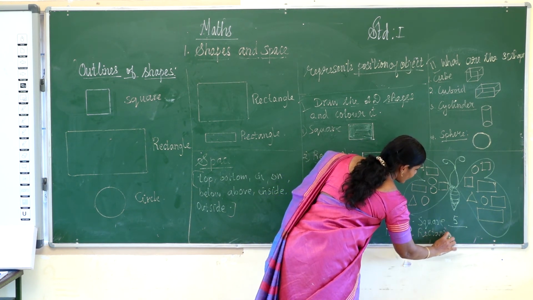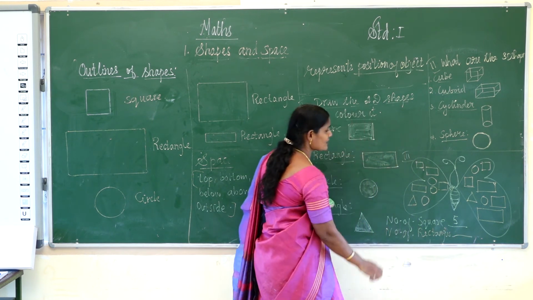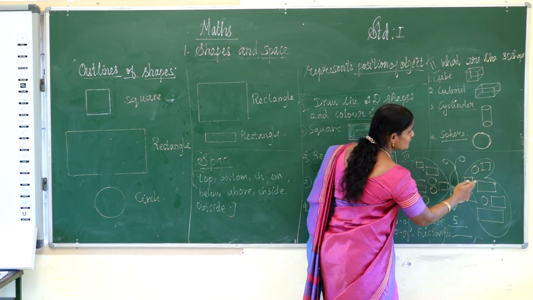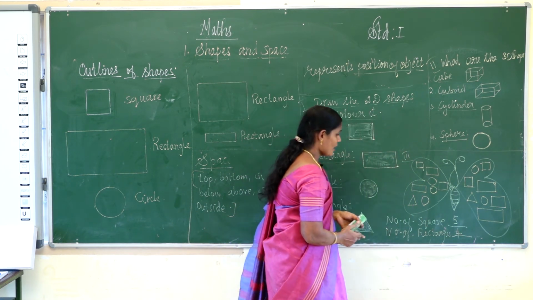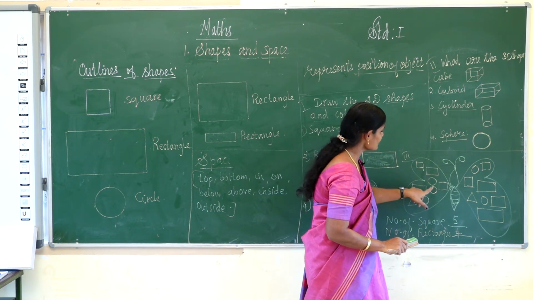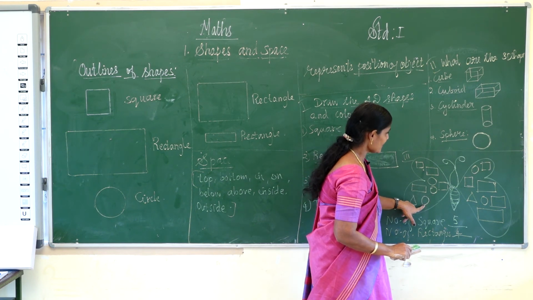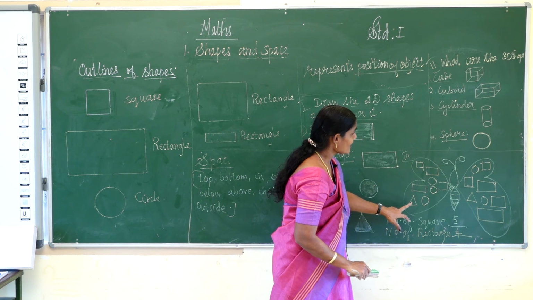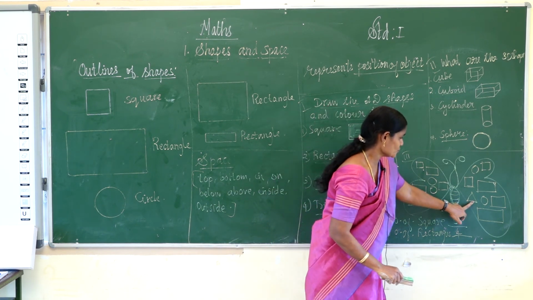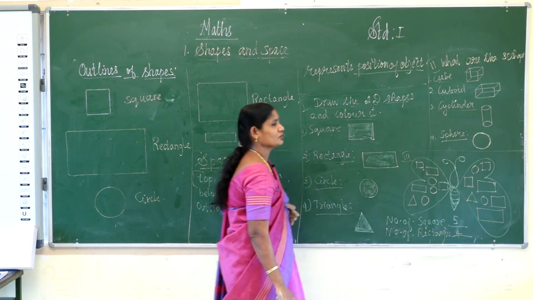Write the number of rectangles. How many rectangles? 1, 2, 3, 4. Like that. Number of circles. How many circles? 1, 2, 3, 4, 5. Then number of triangles. 1, 2. So triangle is 2. Okay.